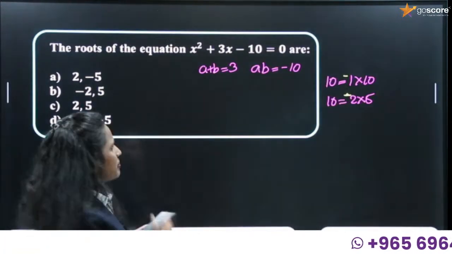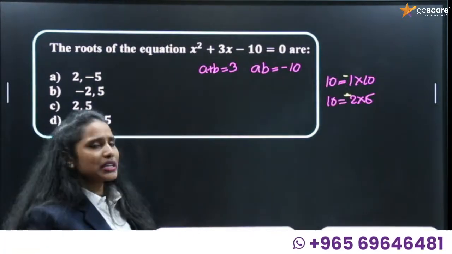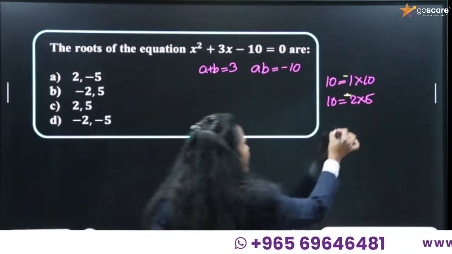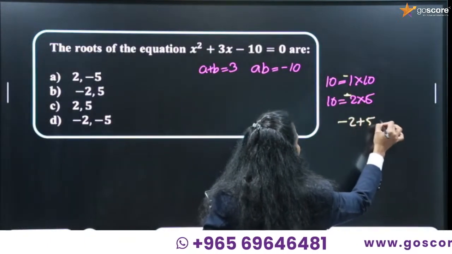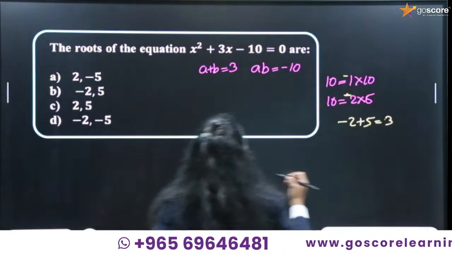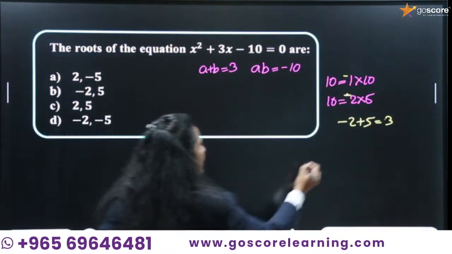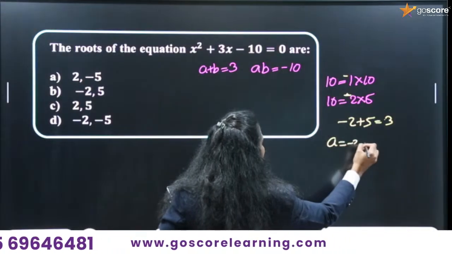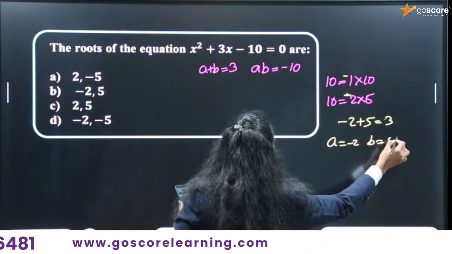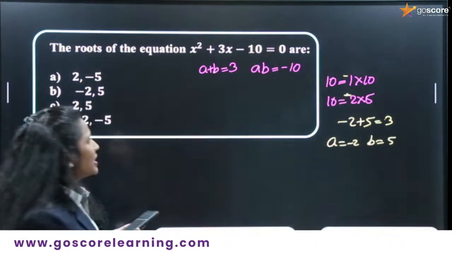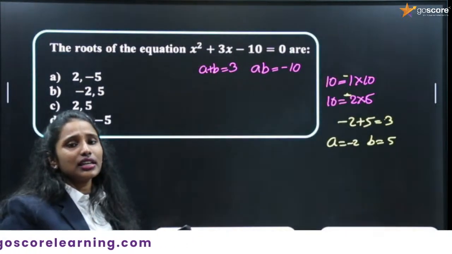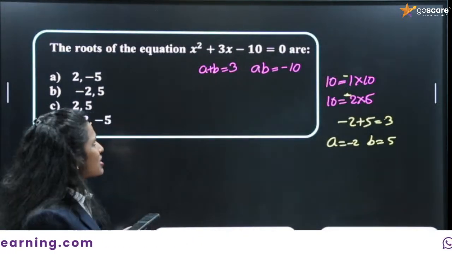That's not the sum. Now, minus 2 plus 5 equal to 3. This is good. So a equal to minus 2 and b equal to 5. Now, we need to find the roots or the zeros of this polynomial, right?